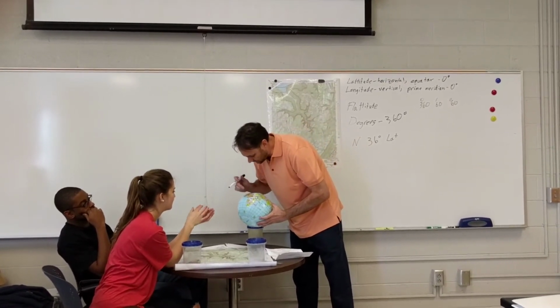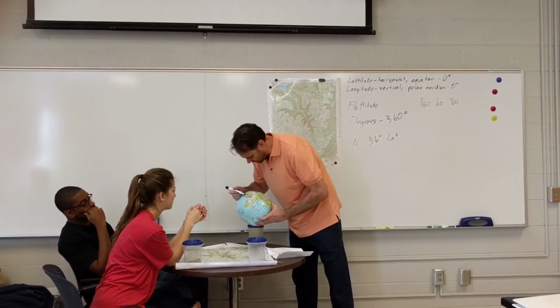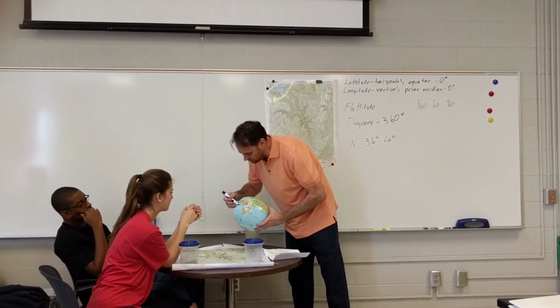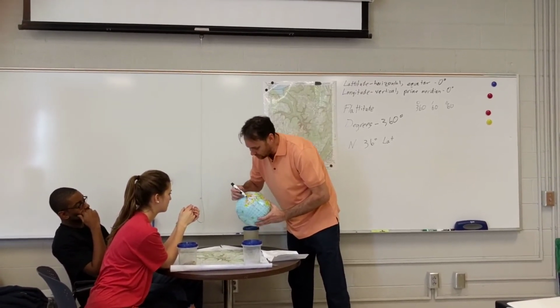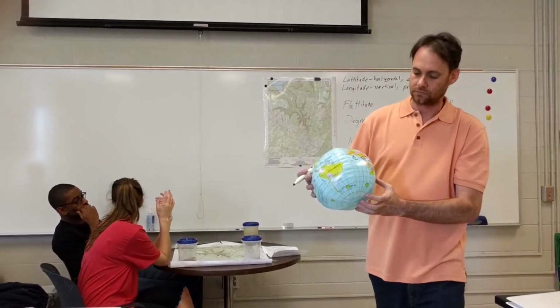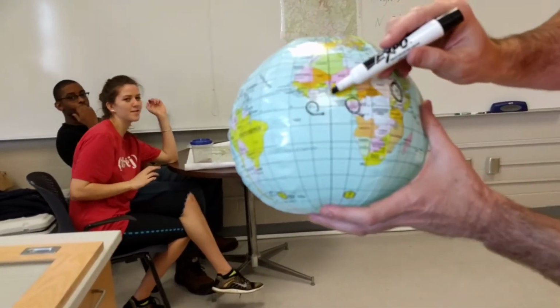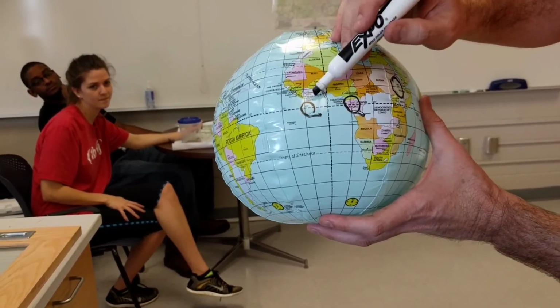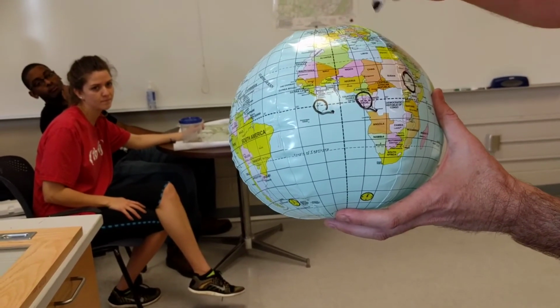Now we can see that this is labeled 10 degrees and 10 degrees. Prime meridian, 10 degrees to the west, 10 degrees to the east.